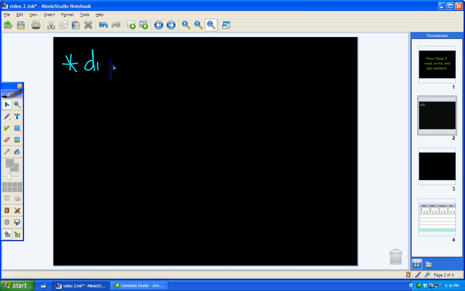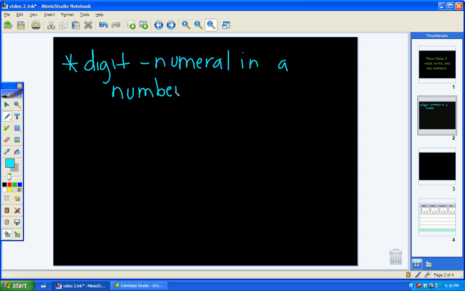A digit is actually a numeral in a number system. What that means is, in our number system, our digits are 0 through 9.